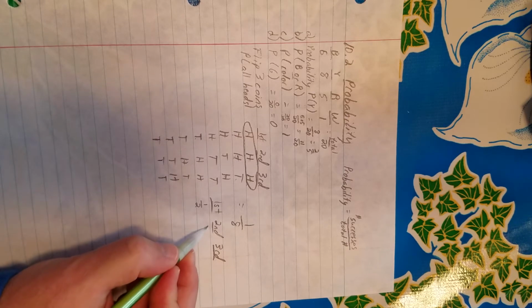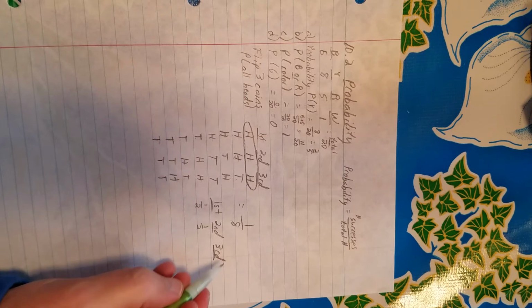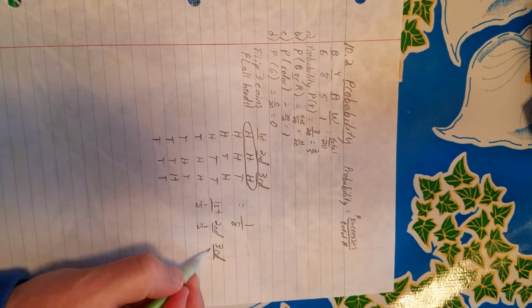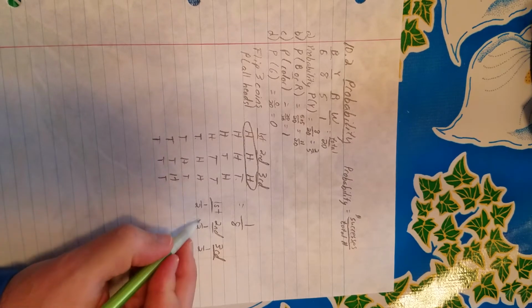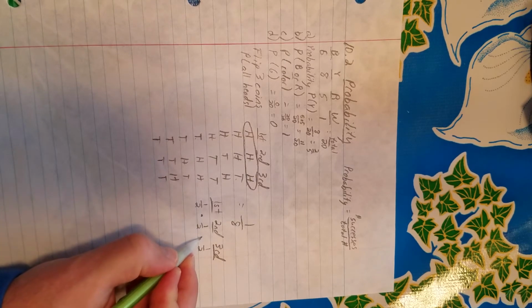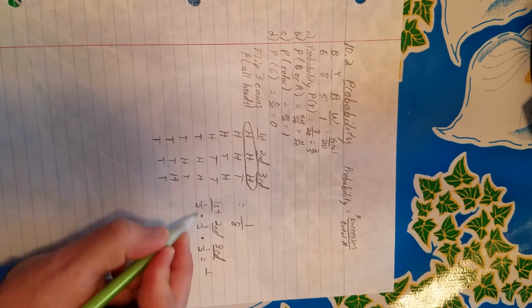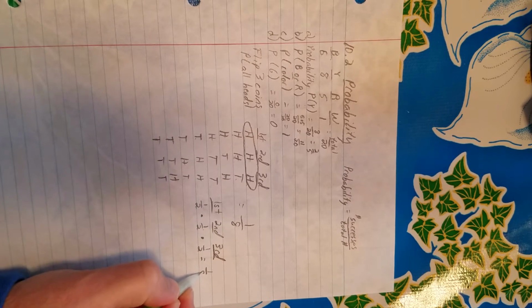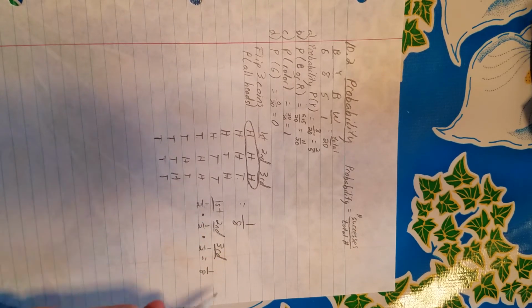The second coin would also be 1 out of 2, and when I flip the third coin, the probability of that being heads is also 1 out of 2. And since these are 3 different events, what we do is we multiply them. 1 times 1 times 1 is 1. 2 times 2 times 2 is 8. So this is probably the way we want to do it most often.